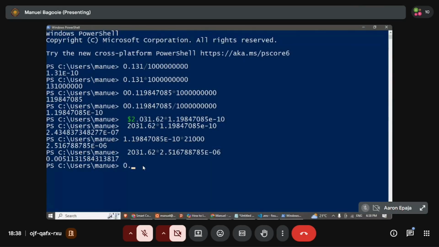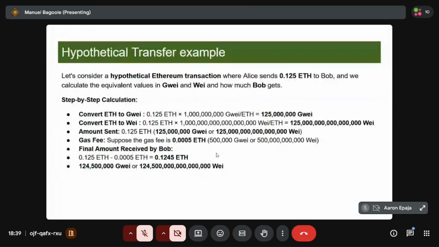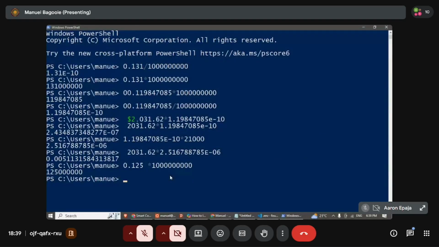So if we had 0.125 ETH and multiply it by 1 billion, this will give us the equivalent in Wei of this amount of ETH, which is that. You can see that is it.